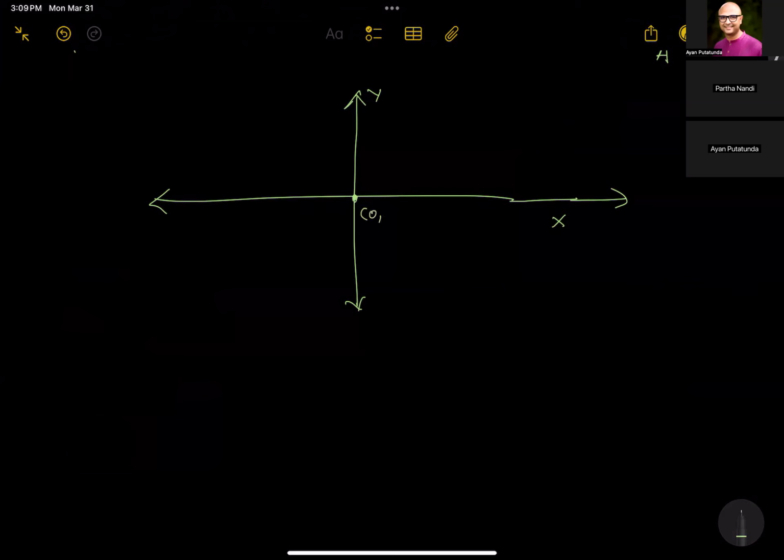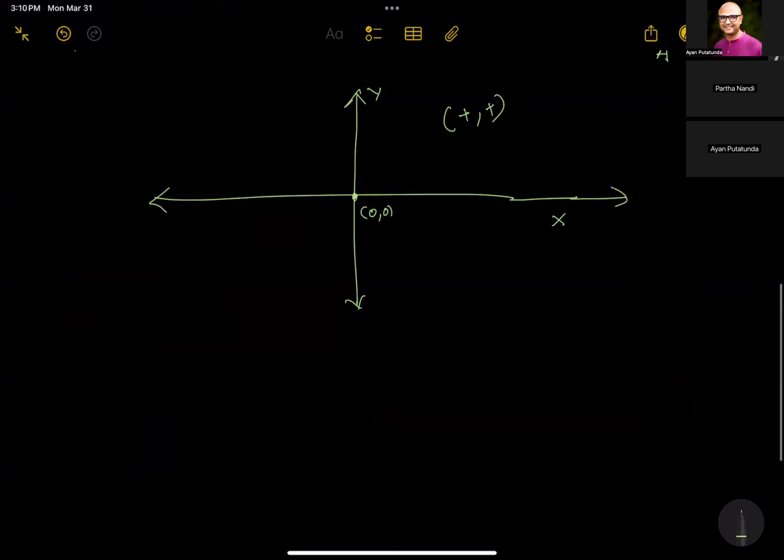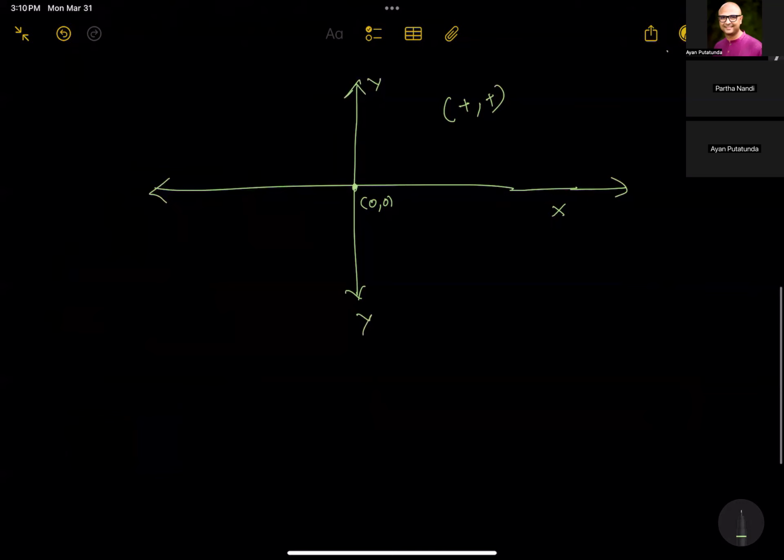This is 0, 0. On this side, all the values of x and y will be positive. Here it is called y dash, and x dash. This is coordinate 1.